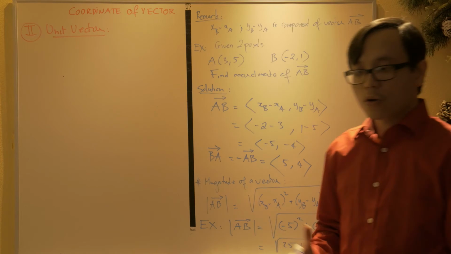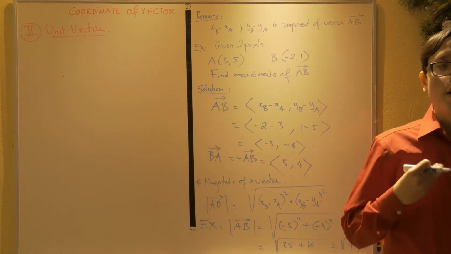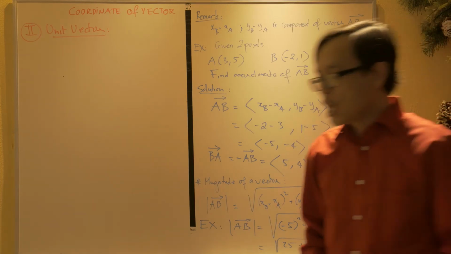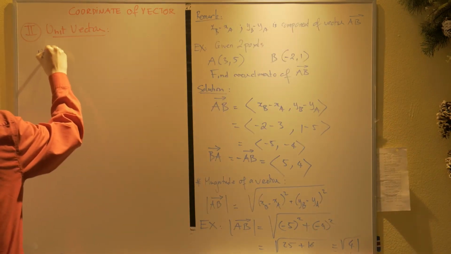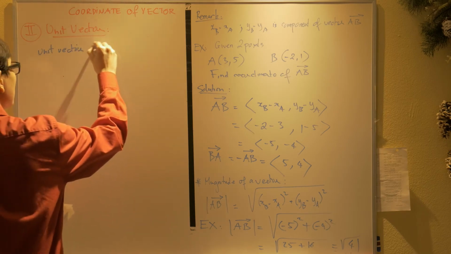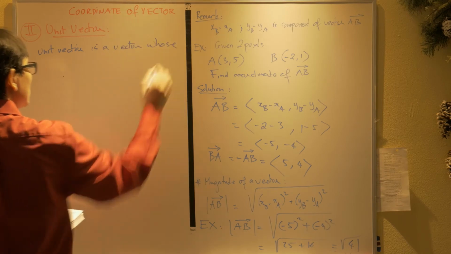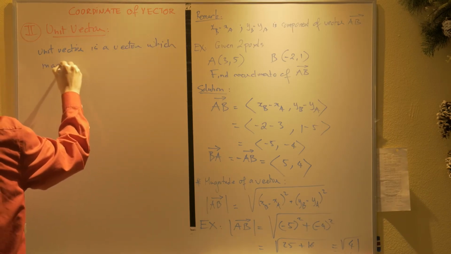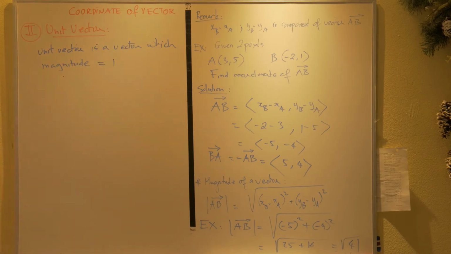The x and y axis of the coordinate system can also be represented by unit vectors. We call them the I vector and the J vector. So first of all, a unit vector is a vector whose magnitude equals 1. Okay, magnitude equals 1.